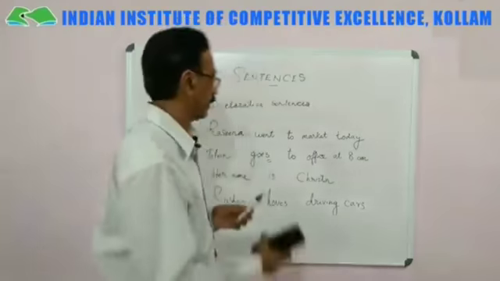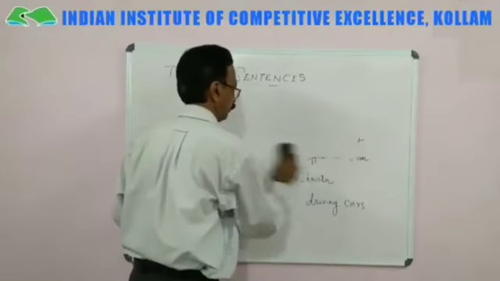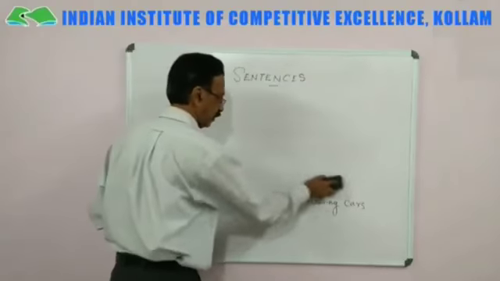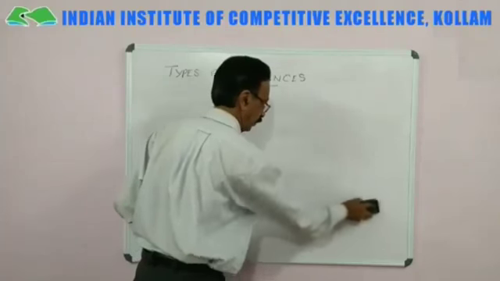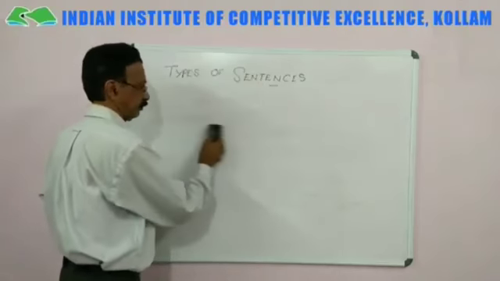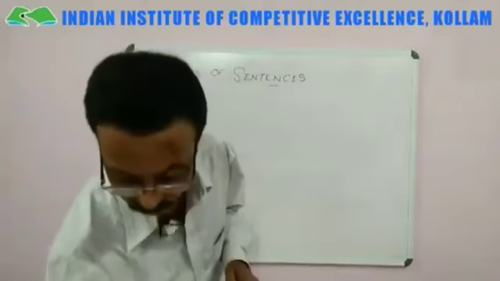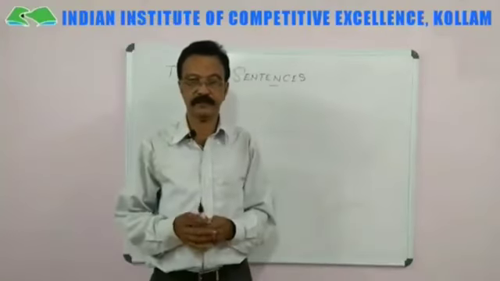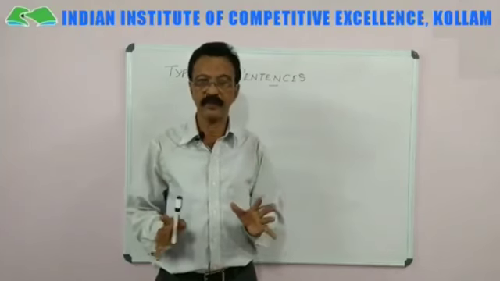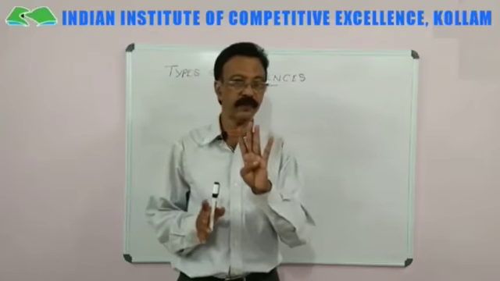Now we can say the second one. Think of some of the examples. Just to remember what I said: according to purpose, there are how many types of sentences? 4 types of sentences.